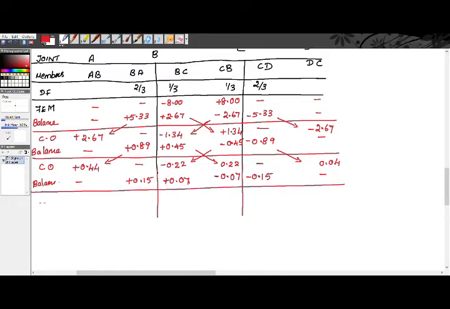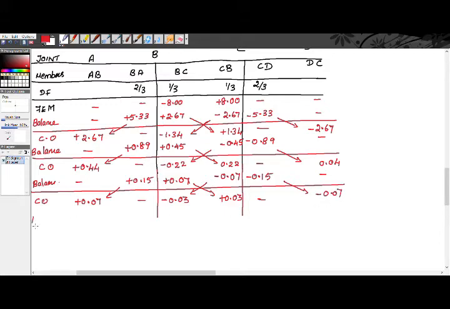Again we will go for carryover. So half of this will be carried, half of BC will be carried. So we get plus 0.07, minus 0.03, plus 0.03, and minus 0.07.